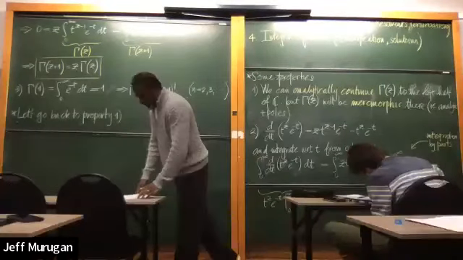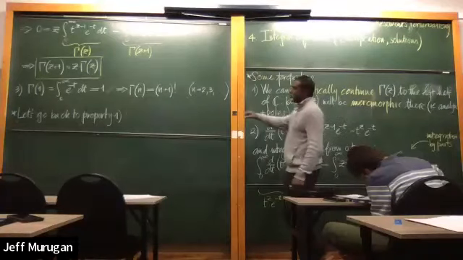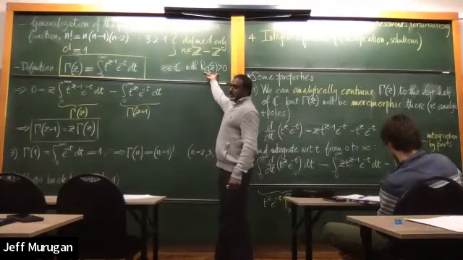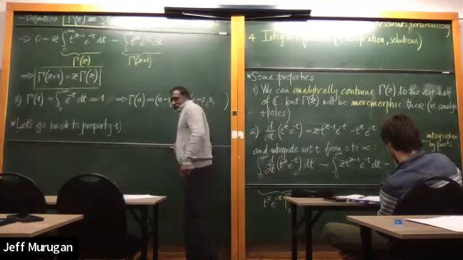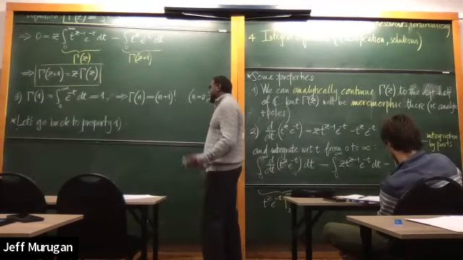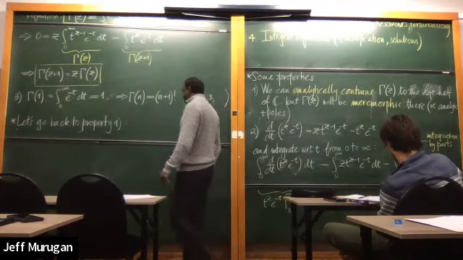So, how do I analytically continue the gamma function to the domain where the real part of z is negative? Well, what I could do is choose some value of n, n being an integer.